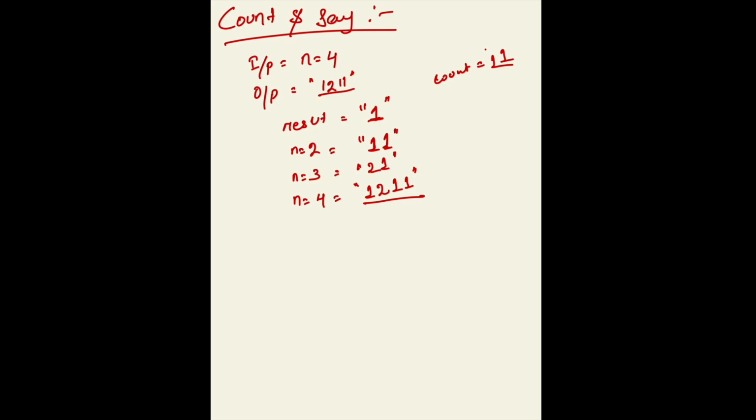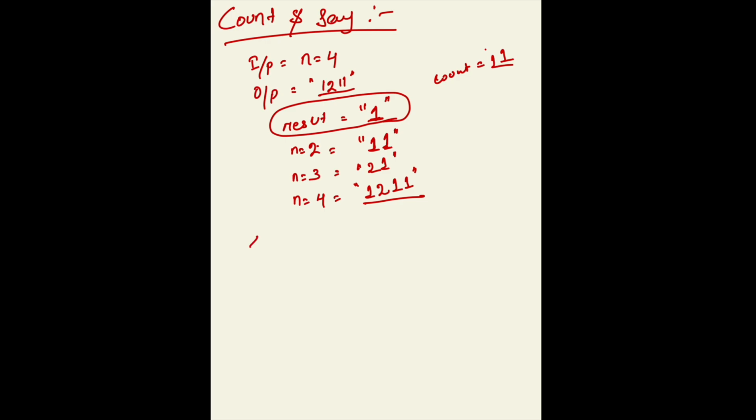So now we'll see how we write it in code. First of all we have to define this as a string, result equal to 1. So 1 is already defined, so we'll take n from 2 to n.